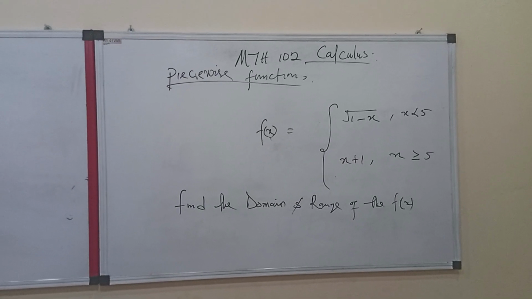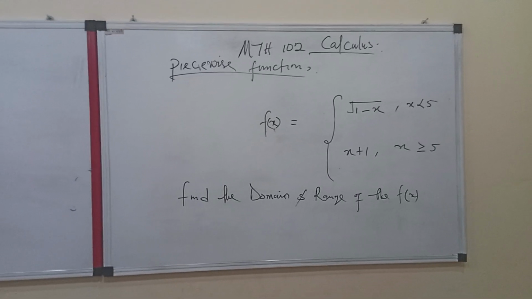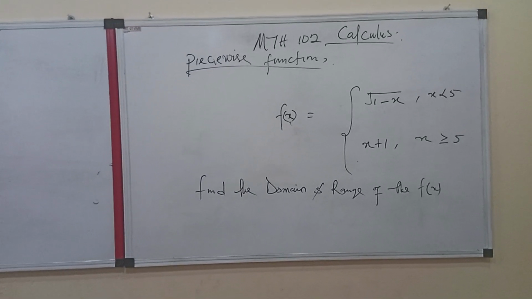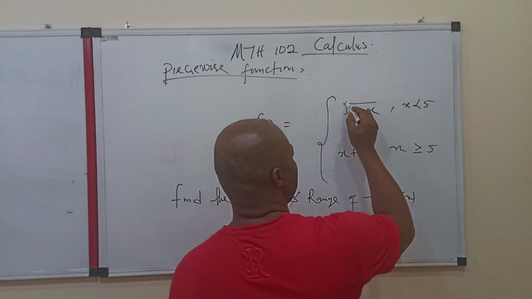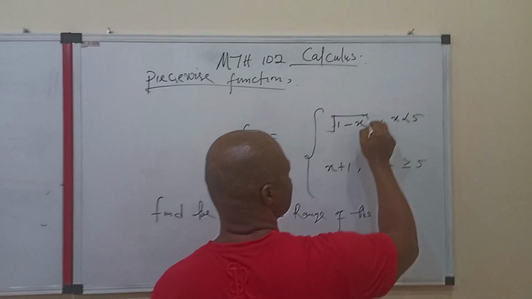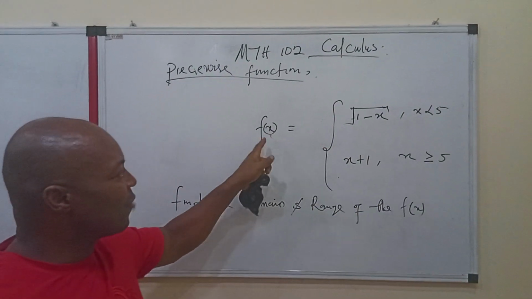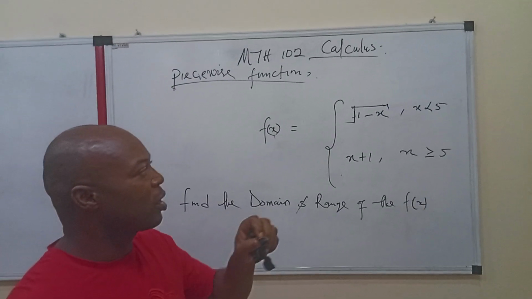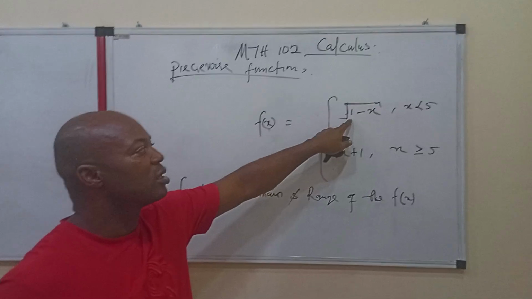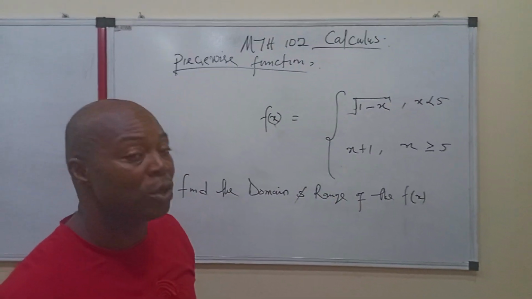Now, in this one there is a problem. What is the problem? Because of this square root sign here, we must be very careful, because we don't want anything that will give us a complex number.